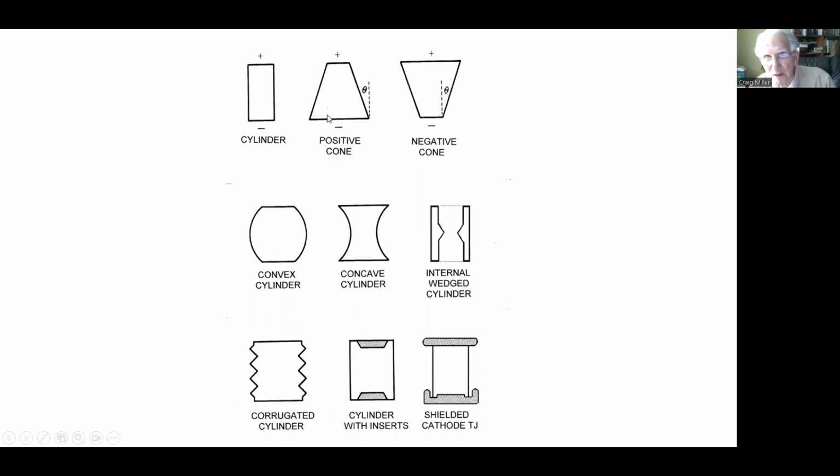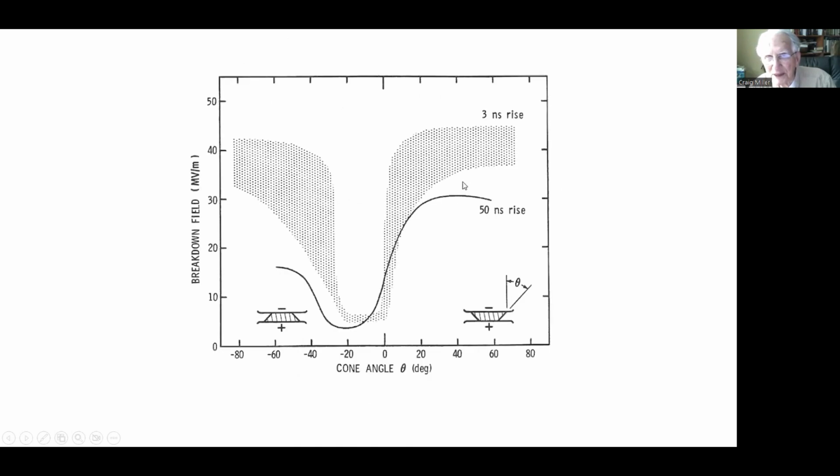And I said positive and negative cones are important, and actually it's a function of cone angle. This is down in the nanosecond region. You see cone angle is 0. If you have a positive cone angle, it increases the hold-off voltage, because with a positive cone, the electric field tends to take the electrons away from the surface, which means it's somewhat harder to have an avalanche, and therefore you need a higher voltage to get flashover.